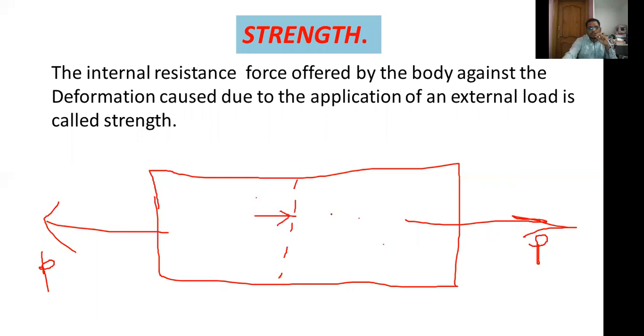This internal resistance force is called strength. The internal resistance force offered by the body against the deformation caused due to the application of an external load is called strength. These two loads are called external loads. The internally developed resistance force is called strength.